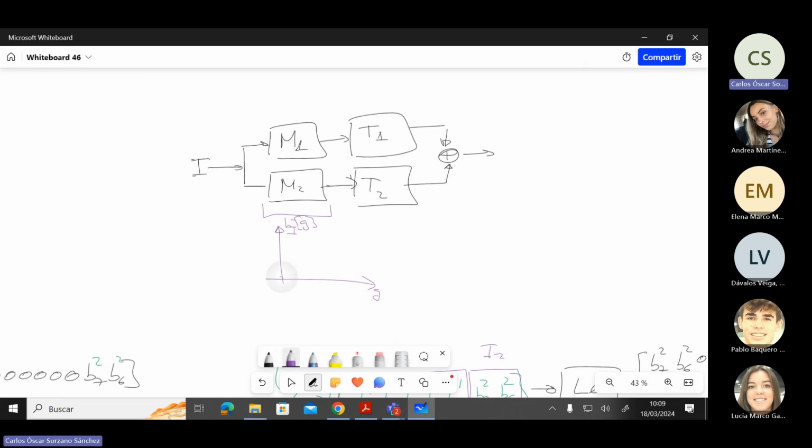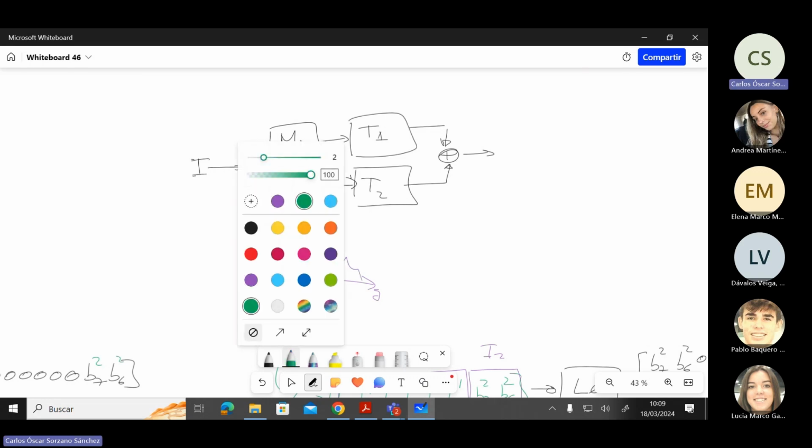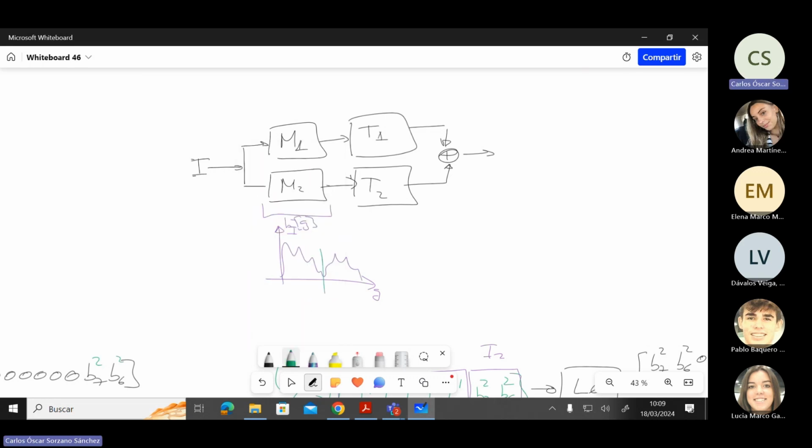You have some histogram, and then you define your mask accordingly. This is mask one, so all the pixels with these gray values go through mask one.